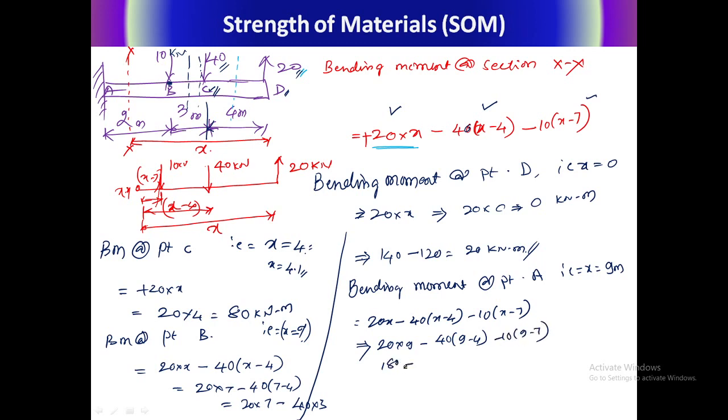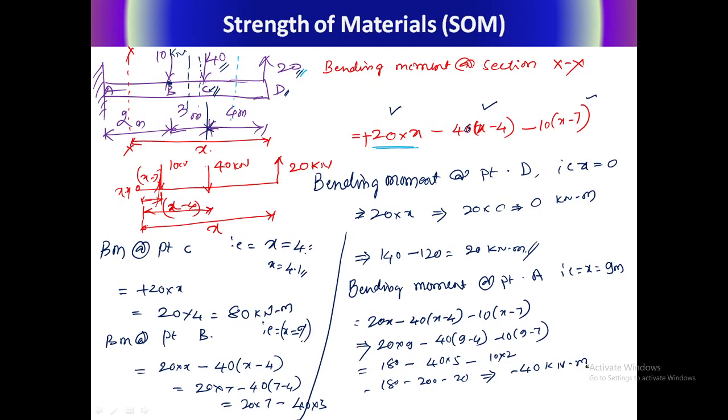Now this is 180 minus 40 into 5 minus 10 into 2. Now you calculate 180 minus 200 minus 20. Now this is how much? Minus 40 kilonewton meter.